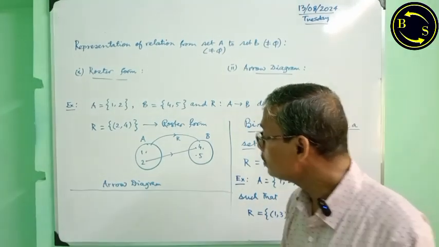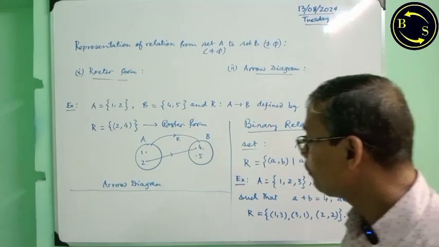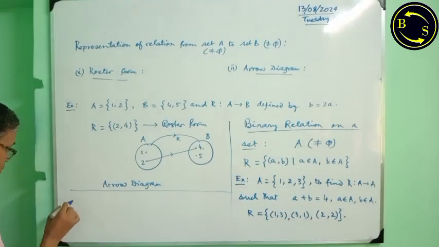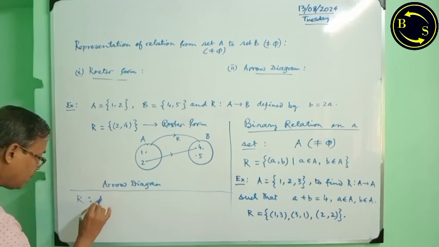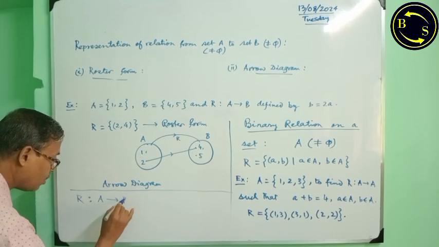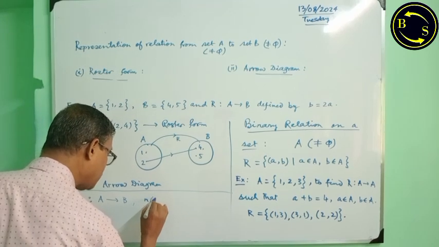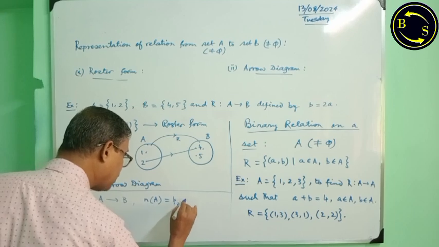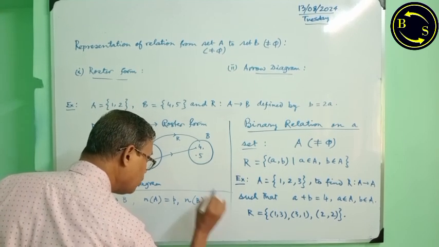Now let me mention how many relations can be formed from set A to set B. Say R is a relation from set A to set B, where the cardinal number of set A is equal to small p and the cardinal number of set B is q.